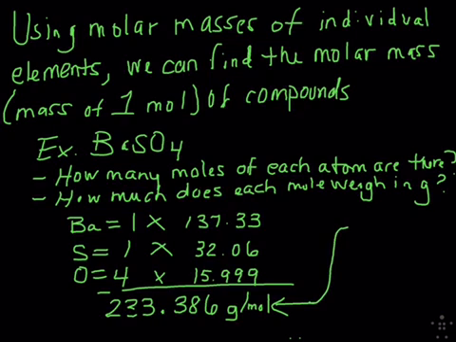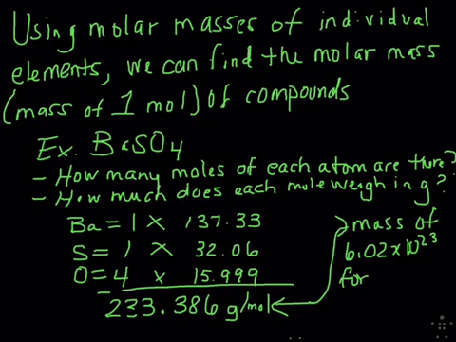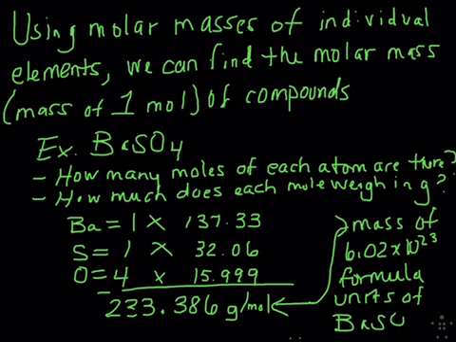Our label right here says that's the mass in grams of 1 mole, right? 1 mole of anything is how many? So this right here is the mass of 6.02 times 10 to the 23rd formula units of barium sulfate.